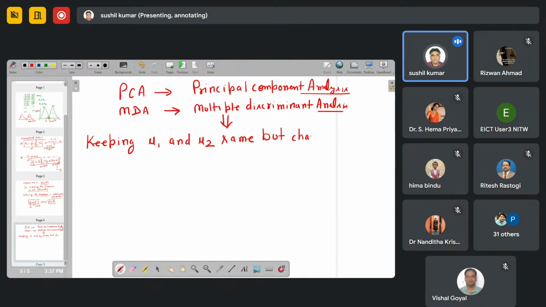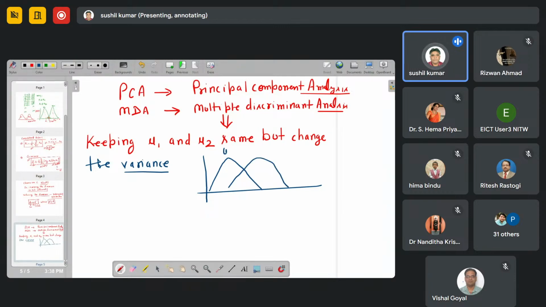This is the first way you can do it. It will try to reduce the variance and increase the separation. Suppose you have this one class, and this is the second class.